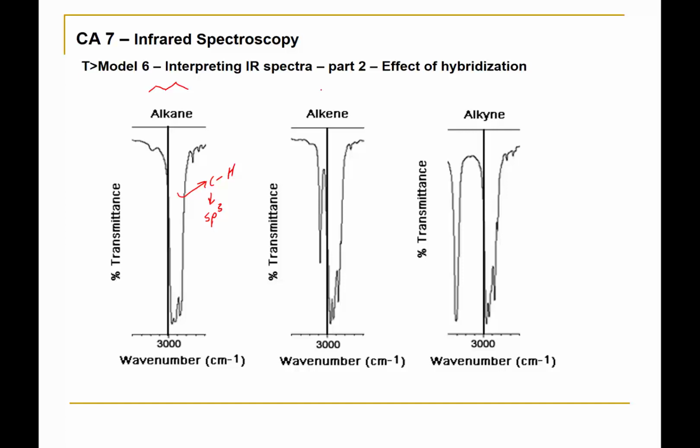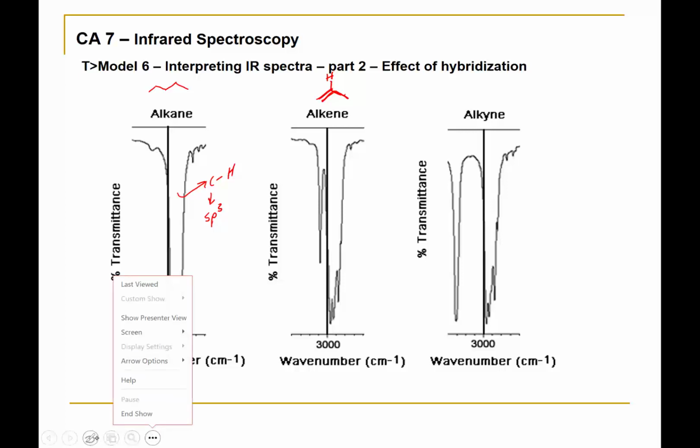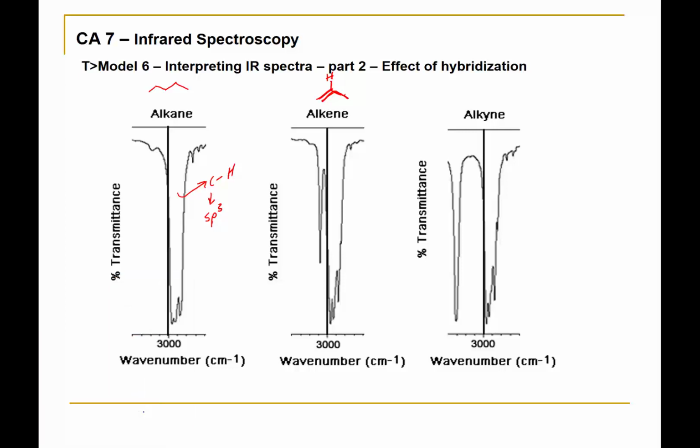In this next example, we have, for instance, an alkene. So perhaps we have a propene. In having a propene, it would mean that there are hydrogens bonded to carbon where carbon is sp2 hybridized. Just to be clear here, I'm just going to change my pen color to make this a little more apparent.